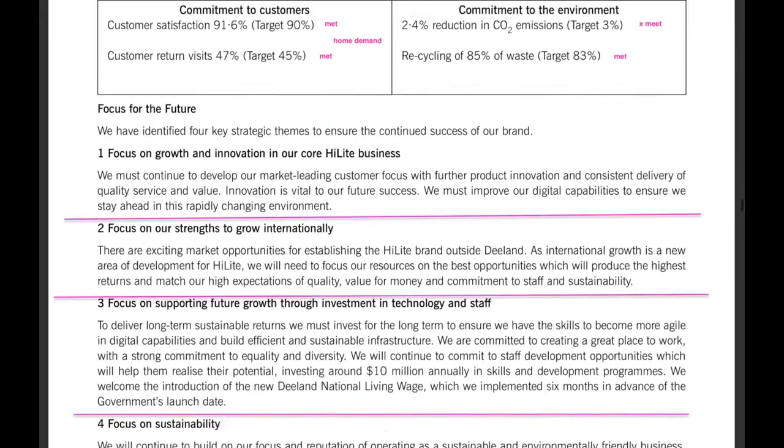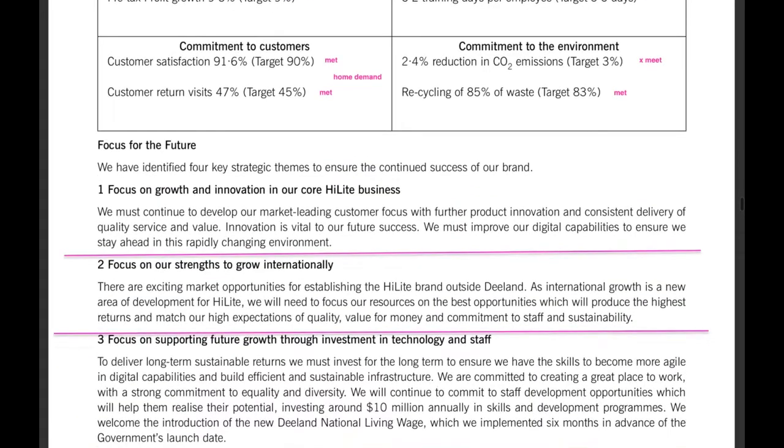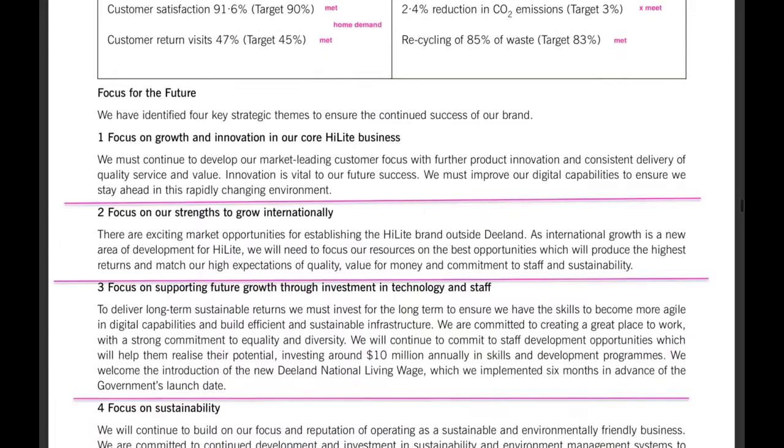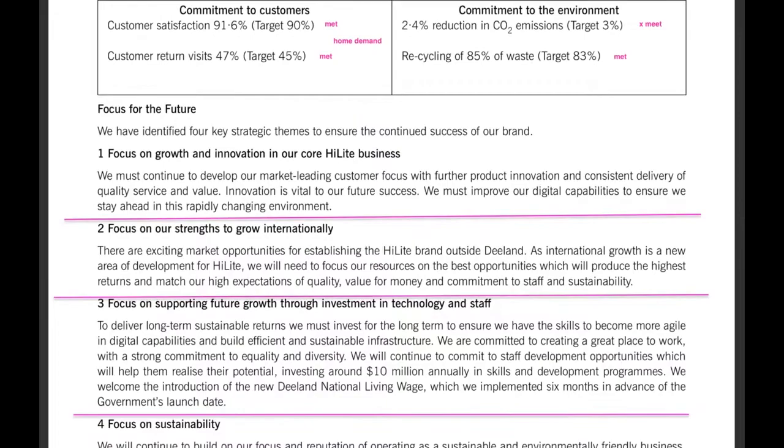So again, there are strategies here. What is it that we have in this particular exhibit number 1?